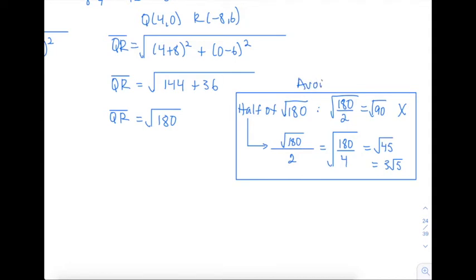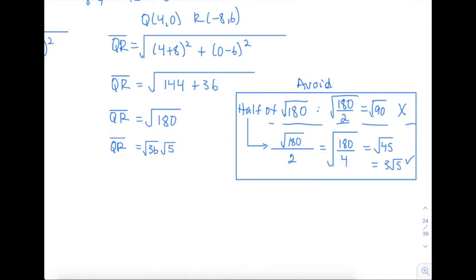Avoid this. So this answer is correct. But what I would do instead is just reduce the 180. If I look closely at 180, I can see that it's root 36, root 5.